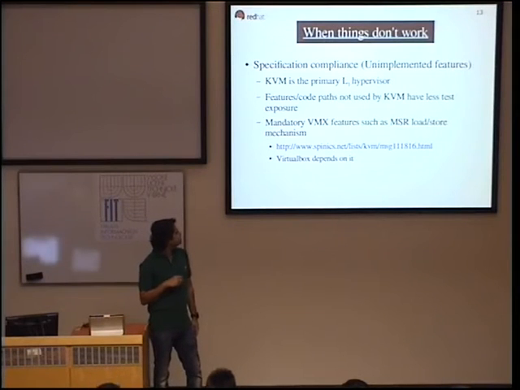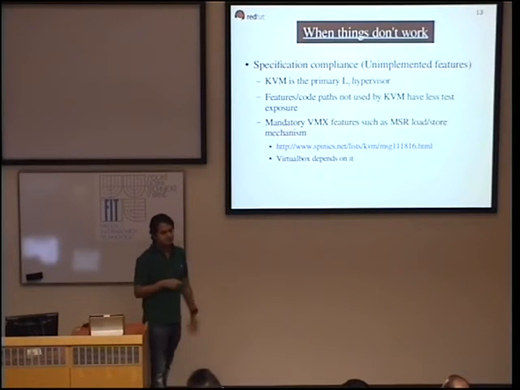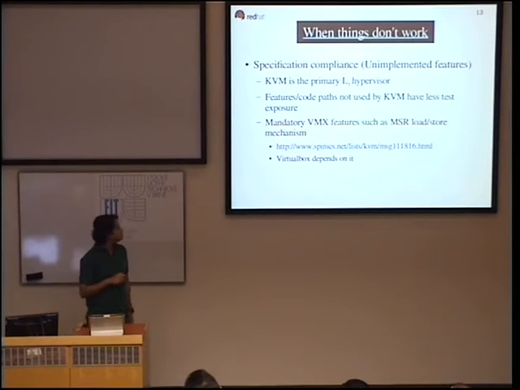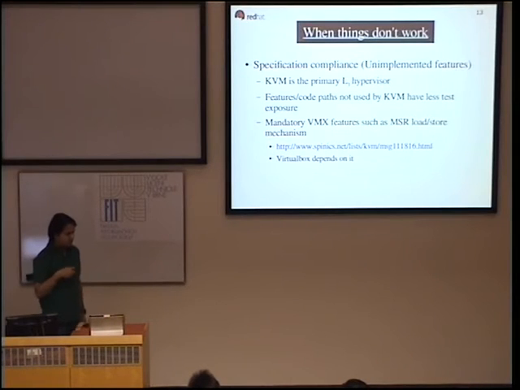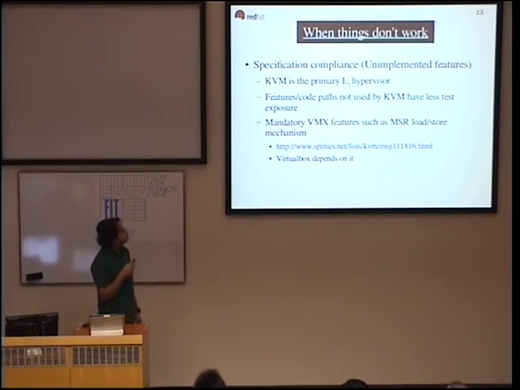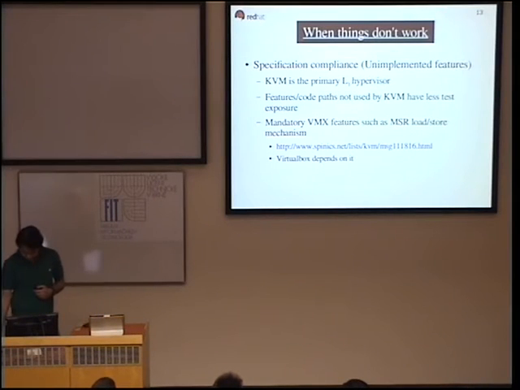But then someone tried to use VirtualBox and everything goes wrong. I think there was a patch posted for it, and it's already in KVM. I don't know if it's upstream yet, in the kernel that Linus maintains, but it's in the KVM tree, I guess. So this is an example of that.